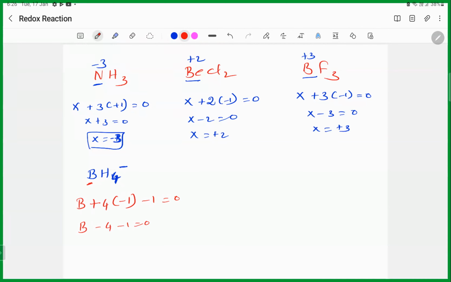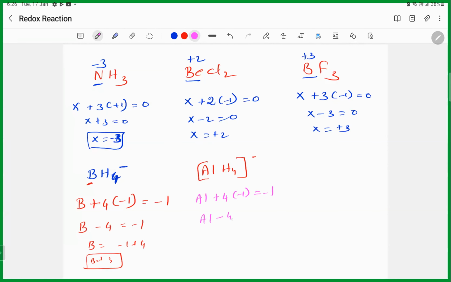Sorry, I made a mistake. X plus 4 times -1 equals -1, so boron becomes +3. Then AlH4 minus: aluminum plus 4 times -1, because hydride is -1, equals -1, so aluminum becomes +3.